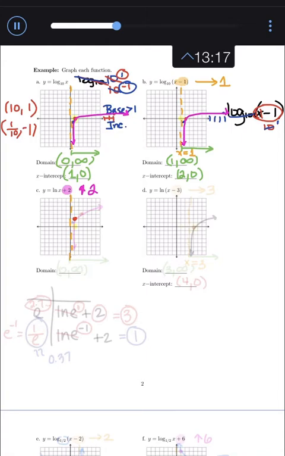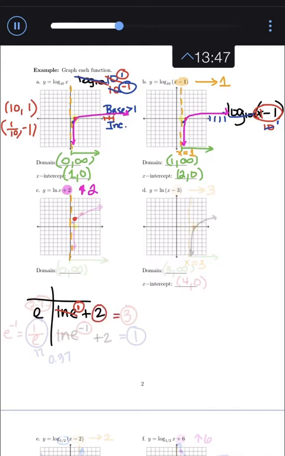Okay, we still need another couple points to actually graph this. So what's going to be the easiest is something like plugging in e. Why? Because the e would cancel out with ln. So let's figure out what happens when we plug in e. Well, if you plug in e, we've got ln of e plus 2. Well, remember the e is to the first, so when the ln and e cancel out, we'll have 1.